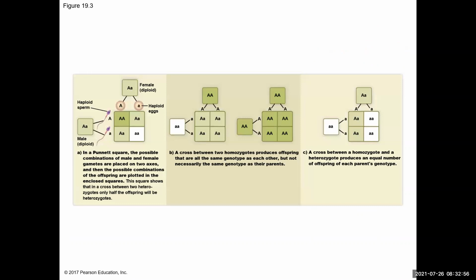And here are some other examples, where this is the one we just showed with the two heterozygotes, where you have 25% homozygous dominant, 50% heterozygous, and 25% homozygous recessive. When you have, say, a homozygous recessive with a homozygous dominant, all of the offspring will be heterozygous and all of them will have the dominant phenotype.